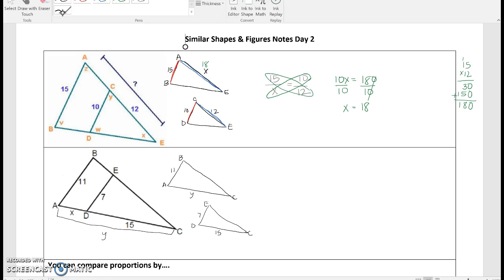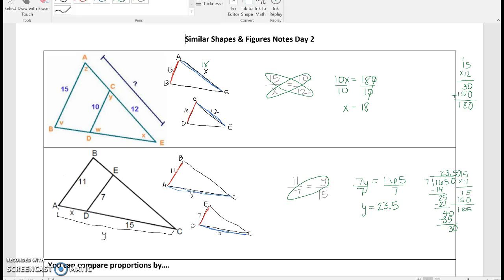Okay, so now that we have that, let's go ahead and do our corresponding sides. So I have 11 and 7, and then I have y and 7 and 15. Okay, so you guys go ahead and press pause and set up your proportion and find y.